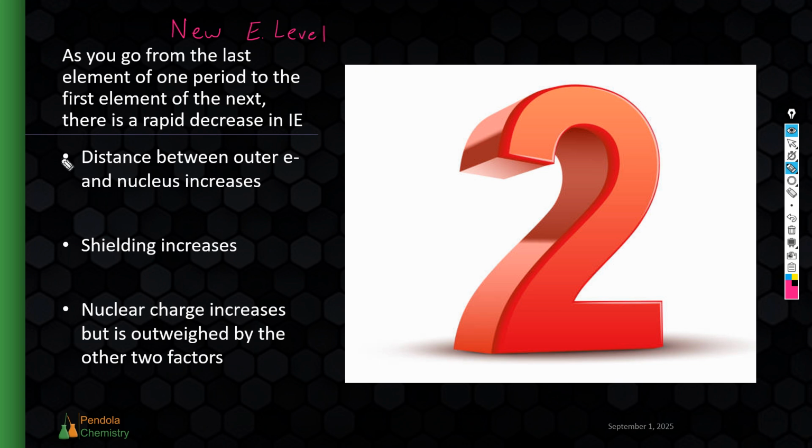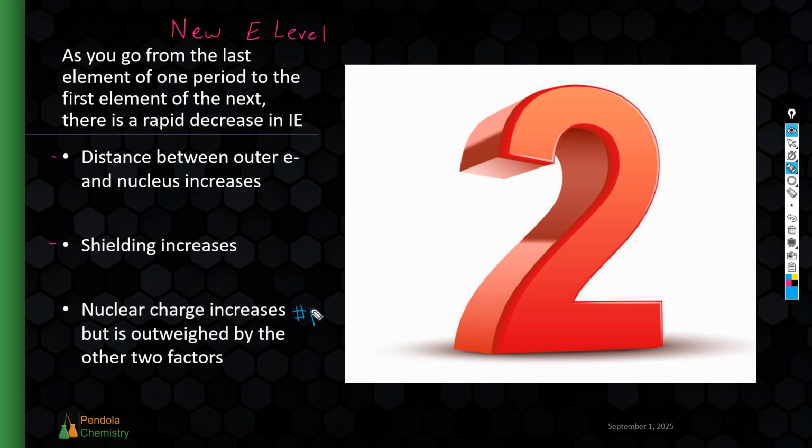Because we have a new energy level, the distance between the outer electrons and the nucleus is going to increase, because that energy level adds distance. The shielding is going to increase because that energy level, again, adds shielding, because now we have a new inner energy level. And finally, the nuclear charge increases, but again, it is outweighed by the other factors. So nuclear charge here is going to increase.